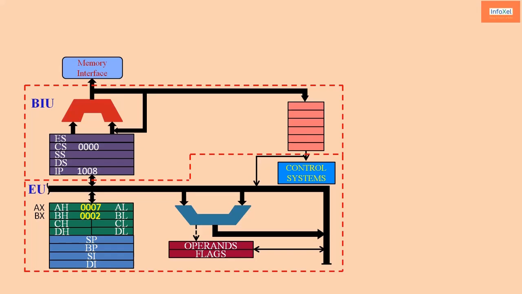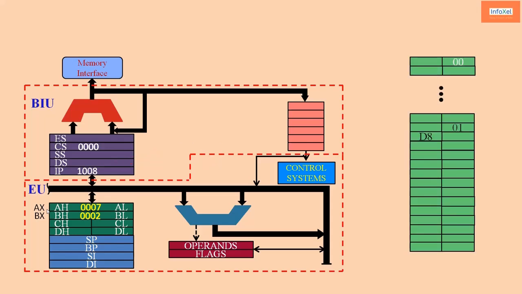This is nothing but a microprocessor architecture, and you can see here 4 zeros is the 16-bit segment base for the code segment, and 1008 is the offset address for the ADD AX, BX instruction. Then you can see 0007 is data 1, which is in the AX register, and 0002 is data 2, which is in the BX register. We want to add these two registers, and we will see that operation.